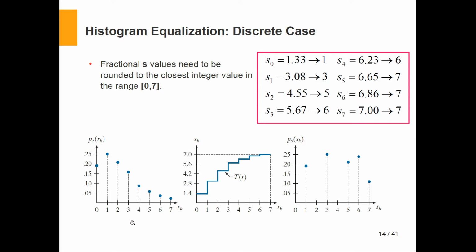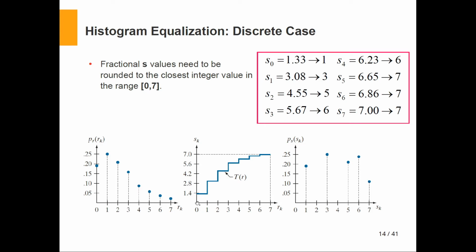So this is a graph of the input normalized histogram. As you can see, we have a relatively decaying curve, but the aim was to have a more uniform curve at the output. Based on the transformation function that we defined, this is the transformation function that we get.